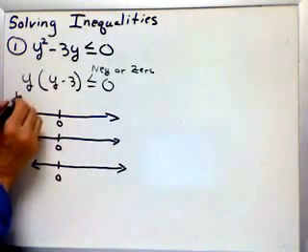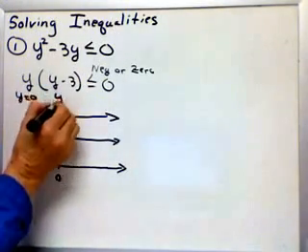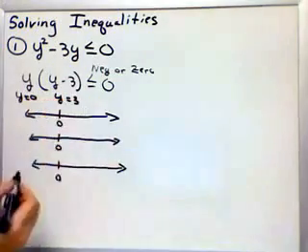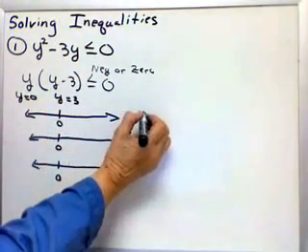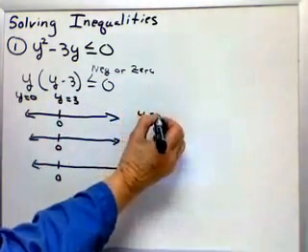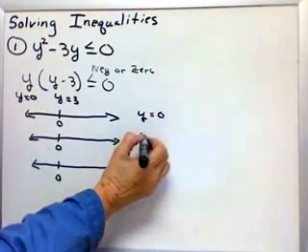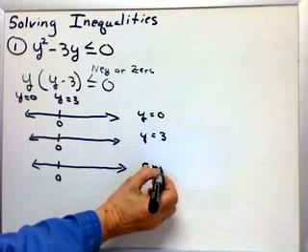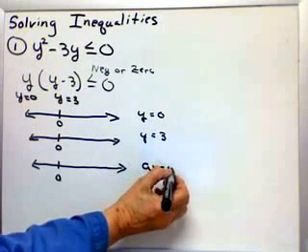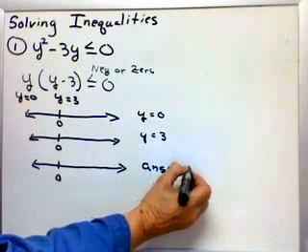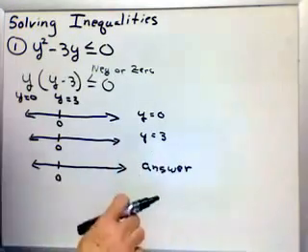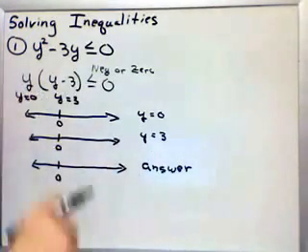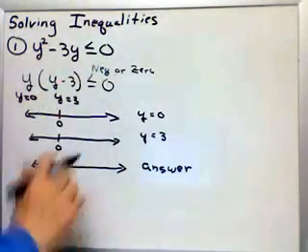Now, if I solve this, I get y equals 0 and y equals 3. Those become important, so I'm going to do a number line for y equals 0, a number line for y equals 3, and then my answer number line, which is going to be the combination of both of those together for a negative answer or a 0 answer.